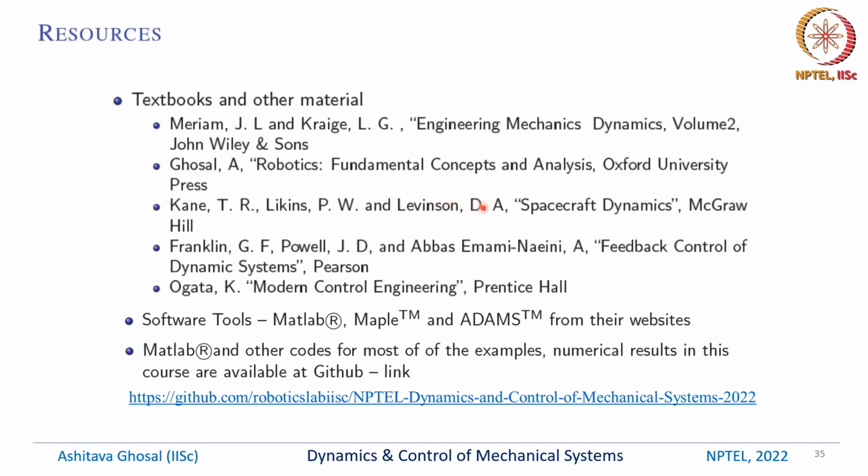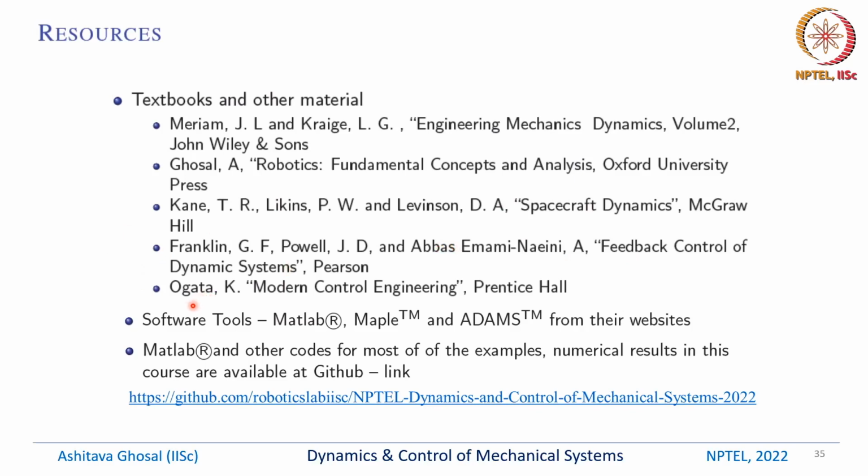Many of these problems in gravity, for example, that extended body in space, which not only will be attracted towards the Earth but also rotate, are from this book. Then there is the very well-known book on feedback control of dynamic systems by Franklin, Powell and Abbas Emami-Naeini. A large number of examples in this course are from this book.